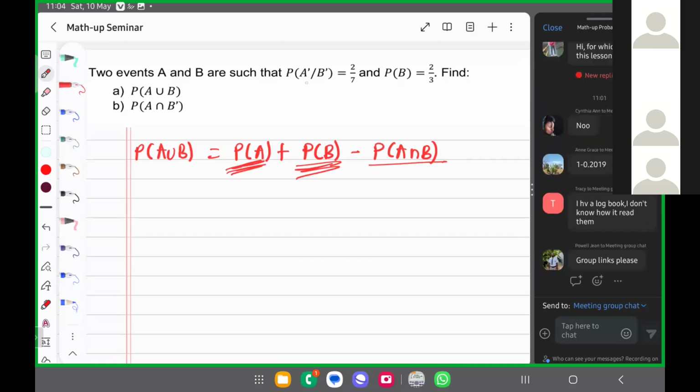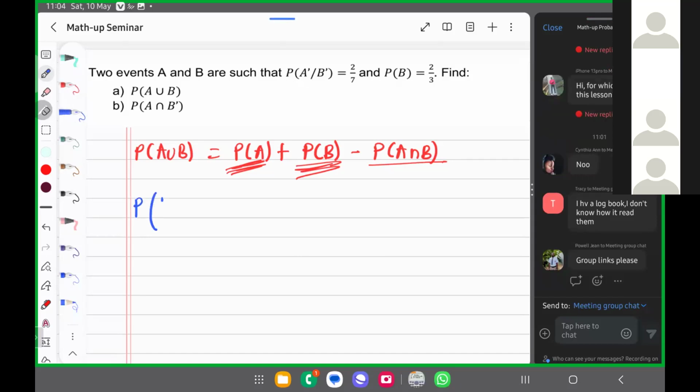But when I look at what I have here, the probability of A complement given B complement, I know that the probability of A complement given B complement is the same as the probability of A complement intersection B complement out of the probability of B complement.